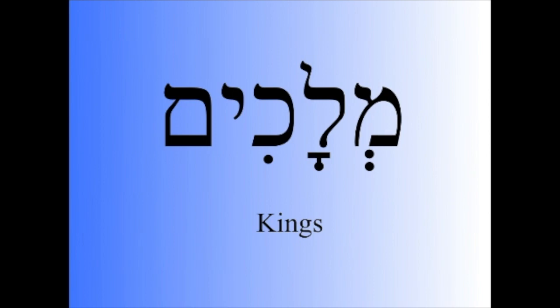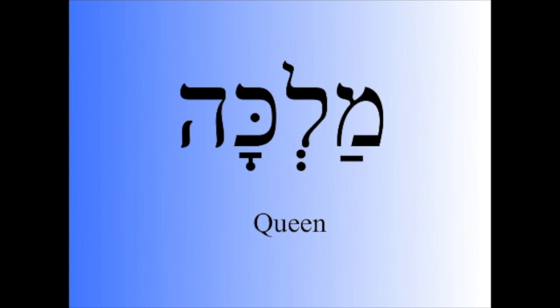Notice that there's a vowel pattern plus some additional consonants at the end. This is a suffix that indicates that it is a plural. Malka, queen. There is a long vowel added to the end of the root, which makes it feminine.